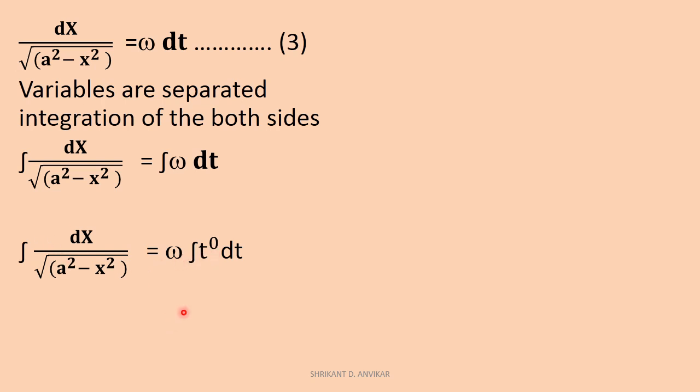Now taking integration, we get sin inverse x upon a equals omega into t plus alpha. Here alpha is a constant of integration. Limits of integration are not provided, and therefore we use a constant of integration.